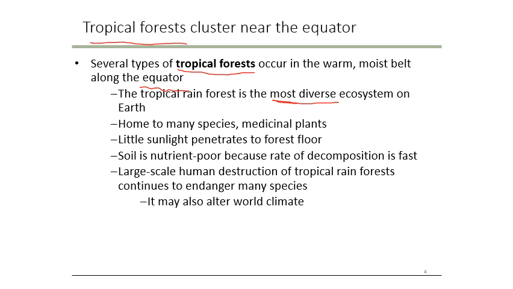So a lot of plants that we haven't discovered yet that could be very, very useful to us. But we are using a lot of plants from the tropical forest to make medicines. Very little sunlight penetrates to the forest floor. Now, in tropical forests, the soil is nutrient poor because the rate of decomposition is fast.